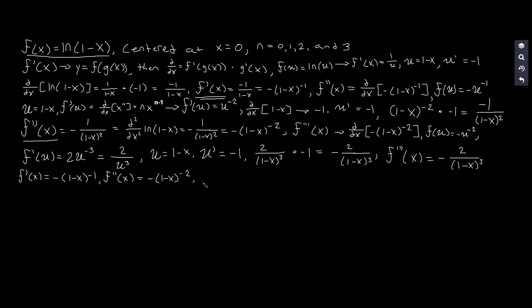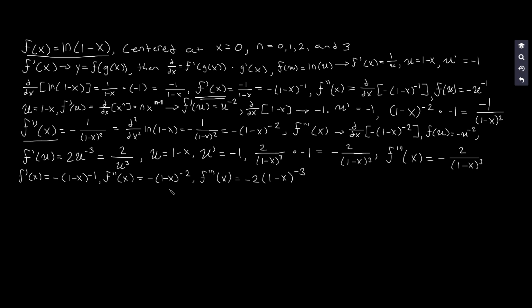And then f triple prime of x is going to equal negative 2 times 1 minus x raised to the negative third, did we say? I think so.